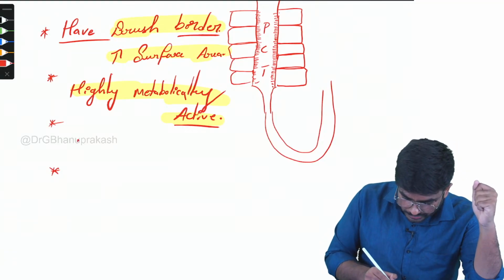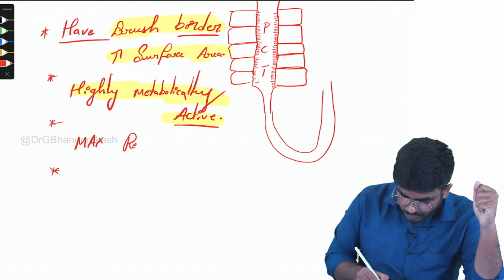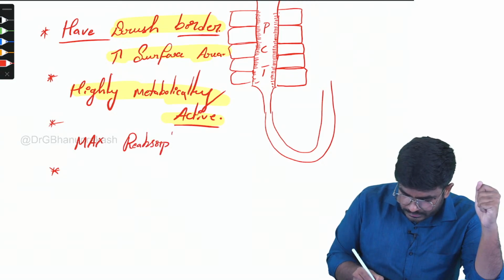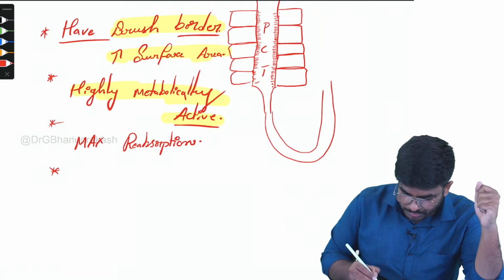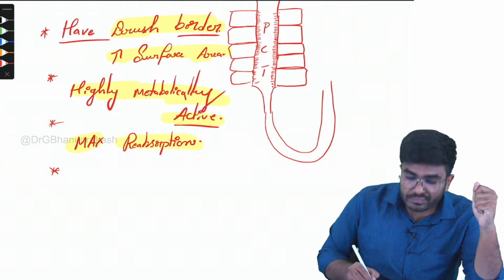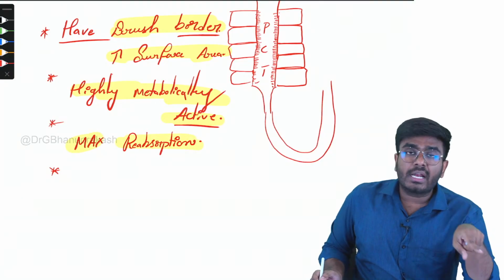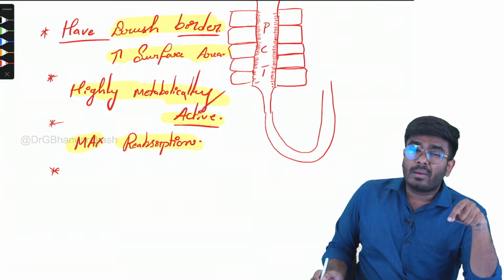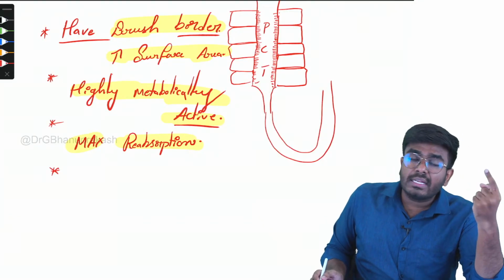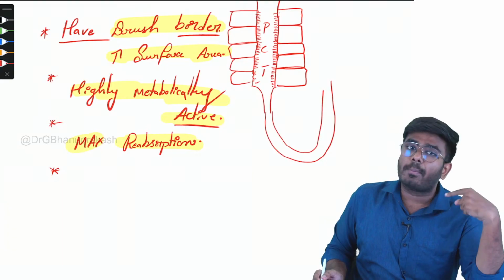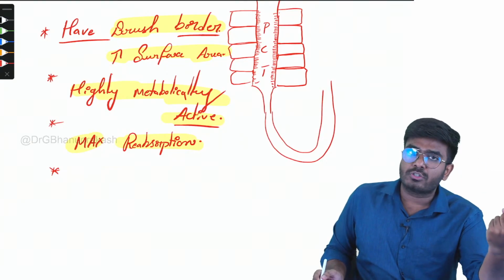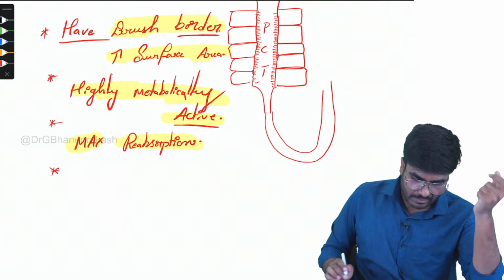The third important point is the maximum reabsorption in the nephron. When compared to the DCT, collecting ducts, the descending limb of loop of Henle, and the ascending limb of loop of Henle, most of the substances are maximally reabsorbed in the PCT. So the PCT has the maximum reabsorption capacity.